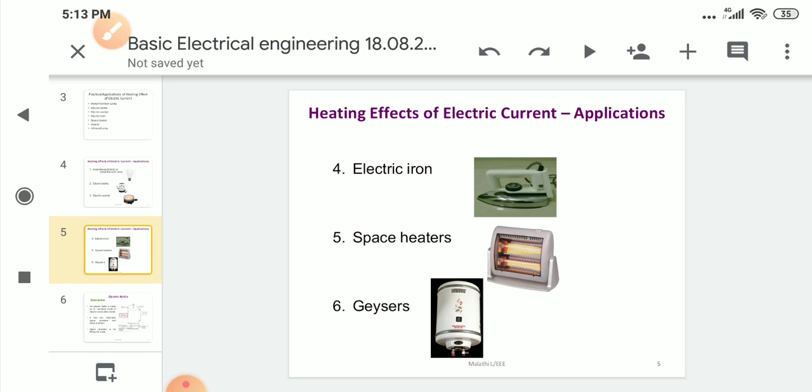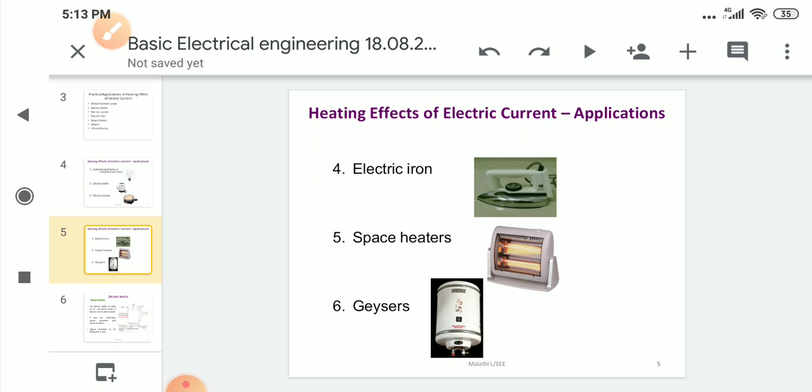All these appliances contain the same model, that is, a high resistive coil is used. Mostly we use nichrome. This effect is also utilized in industrial heating, welding, and space heating.